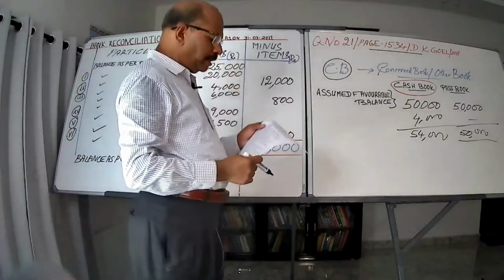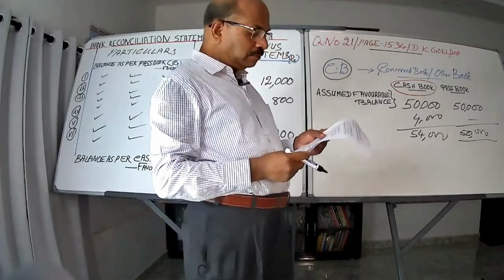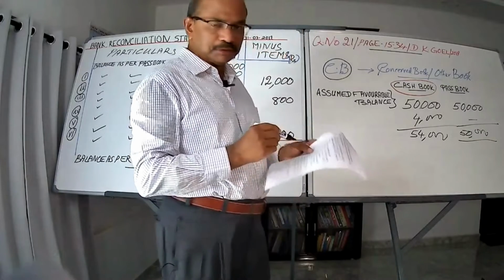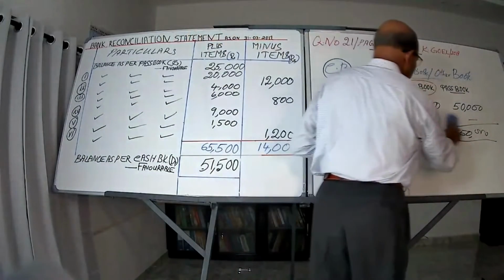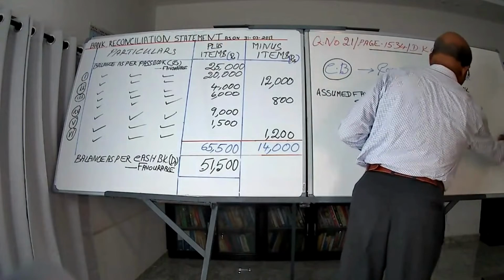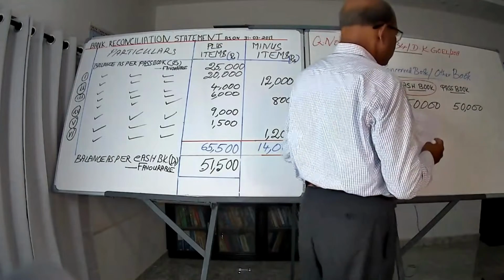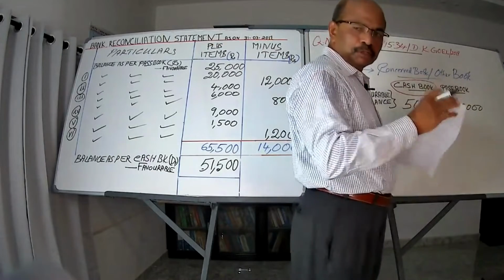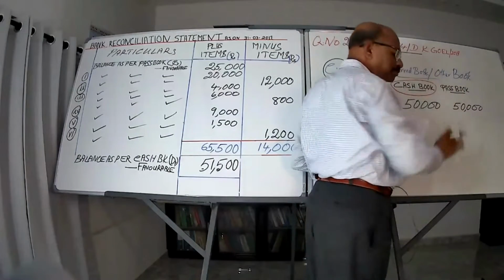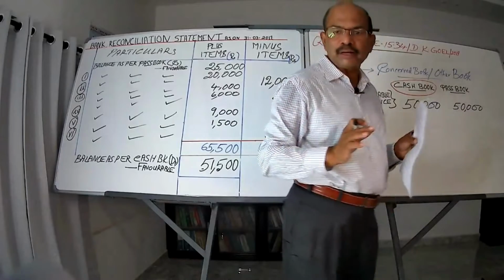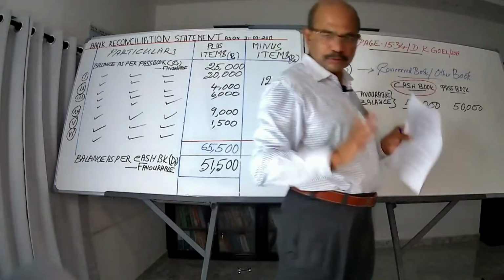Next, they say the rest are dishonored. What is the rest? That means 10,000 minus 4,000, that is 6,000 rupees. So 6,000 is a question of check deposited and dishonored. The moment it is dishonored, originally both the bank passbook balance as well as the cash book had 50,000. Now, dishonoring of a check means the bank will immediately reduce my balance.